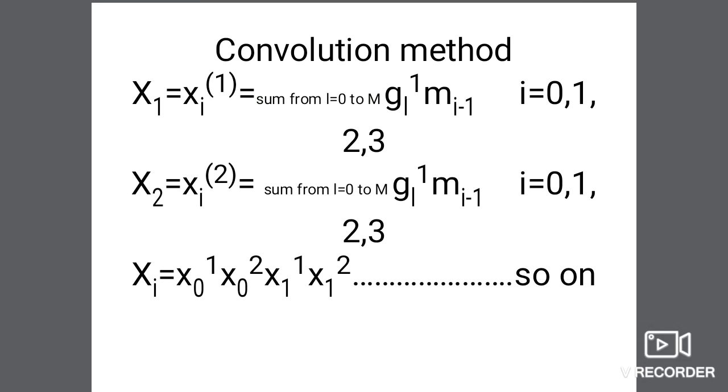We can express the sequence x_i(1) as the summation of g_l(1) m_(i-l), where i is equal to 0, 1, 2, 3, 4 and so on, and again x_i(2) is the summation of g_l(2) m_(i-l), again i is equal to 0, 1, 2, 3.